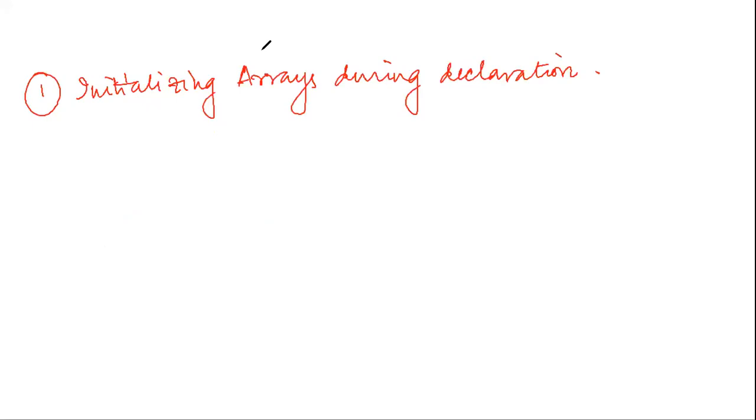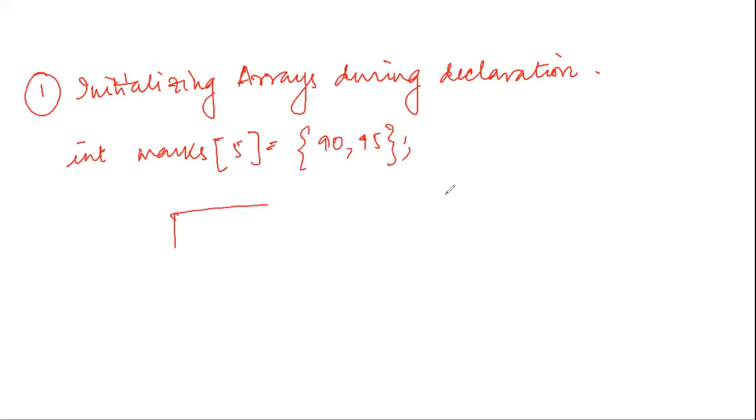Suppose one example I just showed and another example is this. Can anyone say? So these are the 5 spaces after declaration, but only 2 values are provided. What are the 3 values it will be padded with, or filled up with? 0, 0, 0.